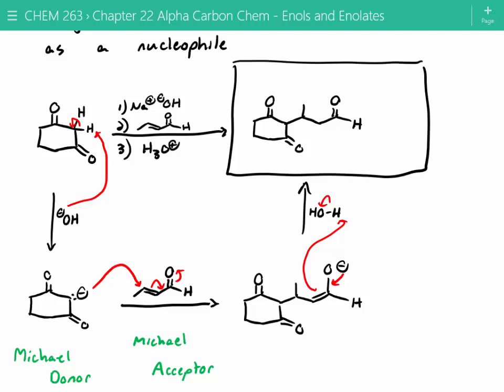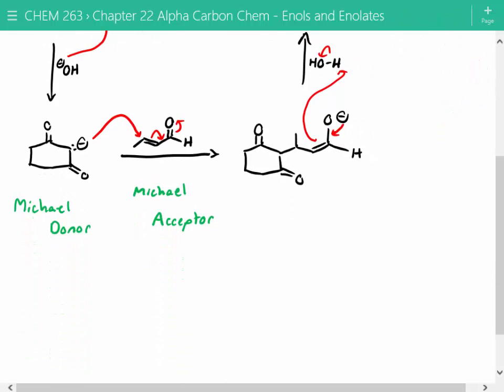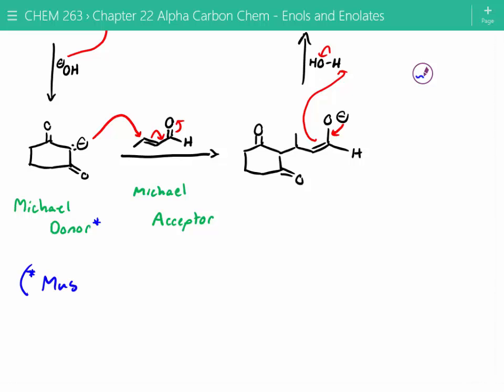And one other thing I really wanted to bring attention to is that with a Michael donor, it must be a highly stabilized enolate. Otherwise, 1,2 addition will occur.